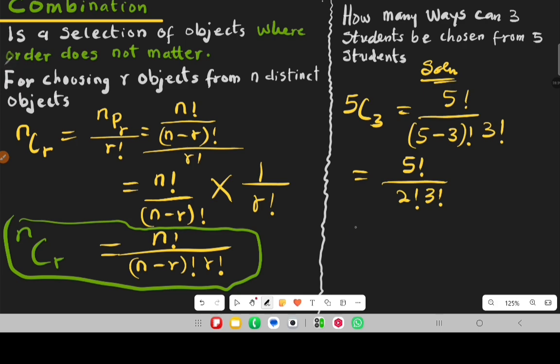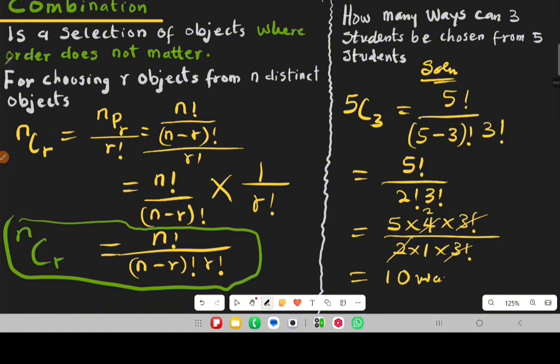If we continue and express 5 factorial as 5 times 4 times 3 factorial, all over 2 times 1 times 3 factorial, and 3 factorial cancels 3 factorial. 2 into 4 gives us 2, 5 times 2, which gives us 10 ways.